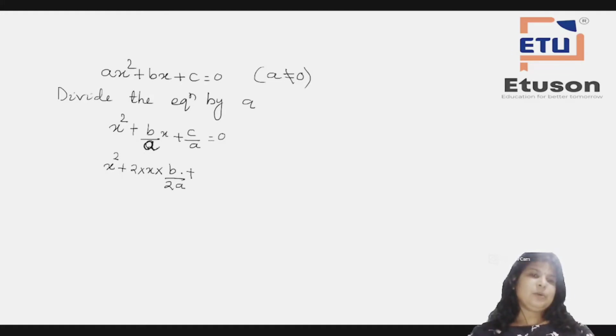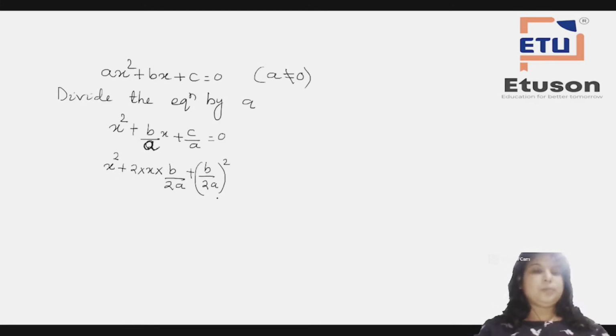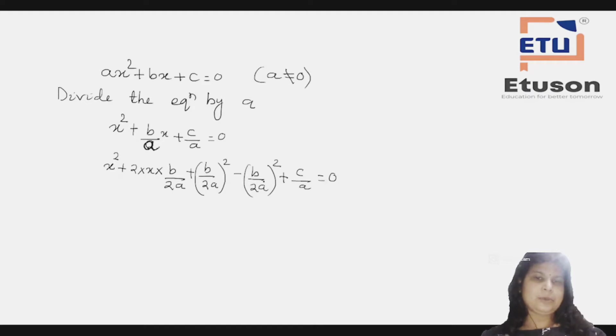So in 2ab, what is your b here? It is b by 2a now. So you write b by 2a whole square in order to convert it into a complete square. If you have added b by 2a whole square, you have to subtract it. So x square plus b by a x plus b by 2a whole square minus b by 2a whole square plus c by a is equal to 0.